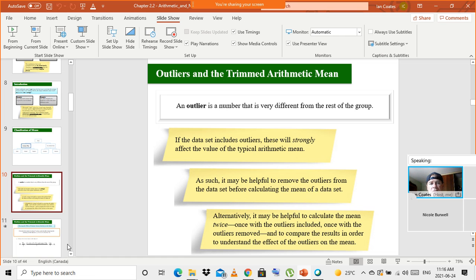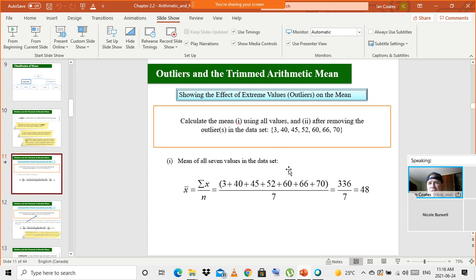Okay? So, if you look at these numbers right here, I got 3, 40, 45, 52, 60, 66, and 70. You can see just right here that there is one number that just doesn't belong here. Where did that come from? Sesame Street. Wow. And you see here, if you do just a normal mean of these numbers, you get a number of 48.